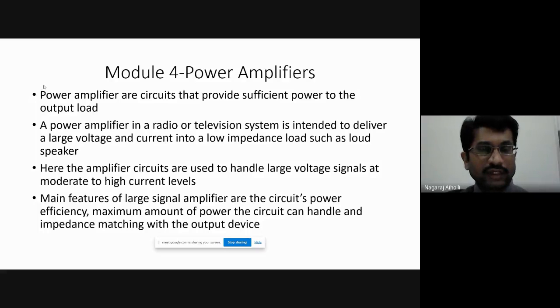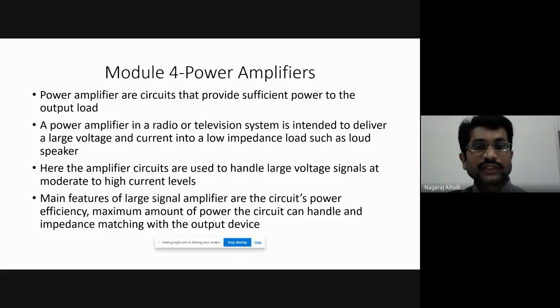So power amplifier circuits are used to handle large voltage signals which are at moderate or high current levels. They are meant to handle large voltage signals, that is, signals in terms of volts.